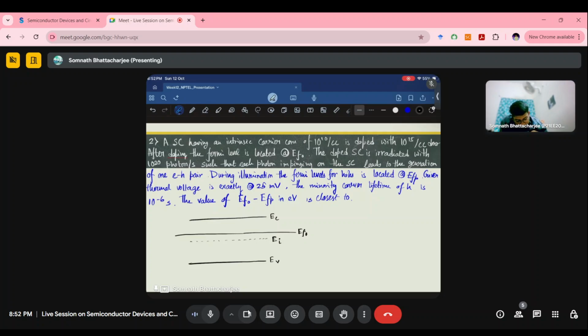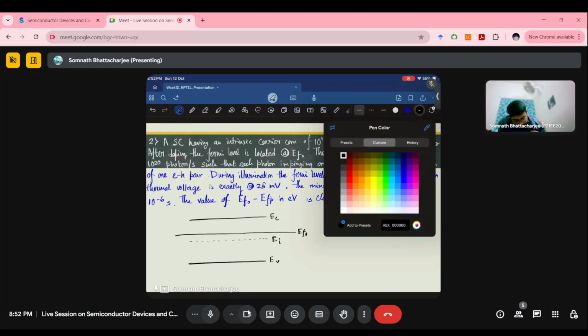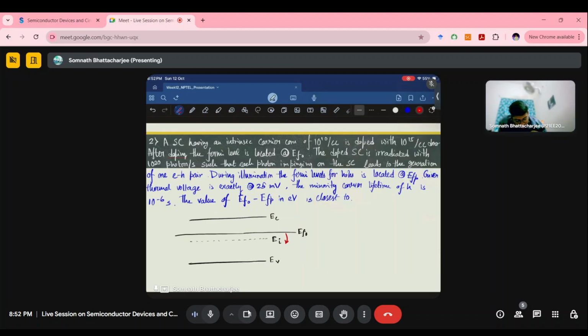Now what they are saying is that the doped semiconductor is irradiated with photons, such that it increases the electron and hole pairs. So based on that, it will be shifted like this. So this is called EFP. Now we have to find the difference between these two.